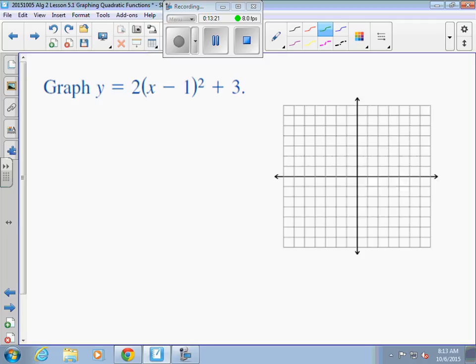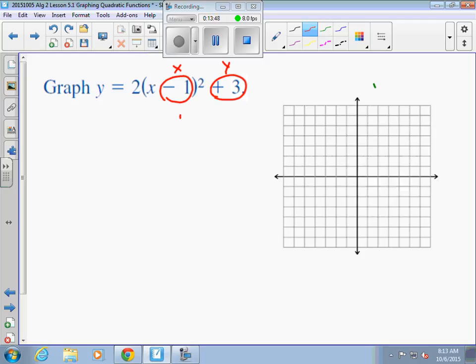Okay, look at the numbers you need to look at. Try to ignore some of the other numbers for right now. This number is important, and this number is important. They are your X and Y values of your vertex. Remember, though, your X is the opposite of what it says. What does it say up there for X? It says -1.